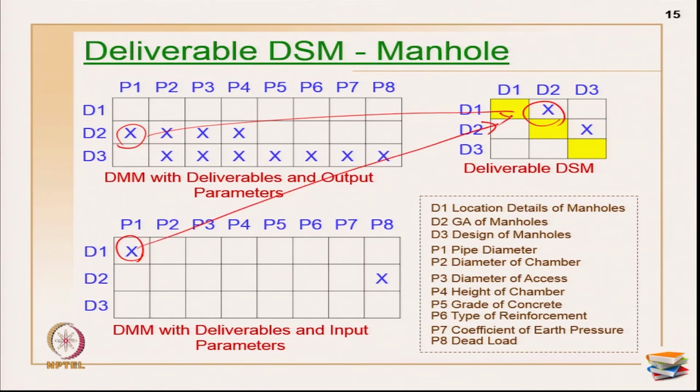Okay. So, now D3 is releasing P8, which is required for D2, which is identified here. Other parameters did not come within the scope, but the idea is to convey this to you.